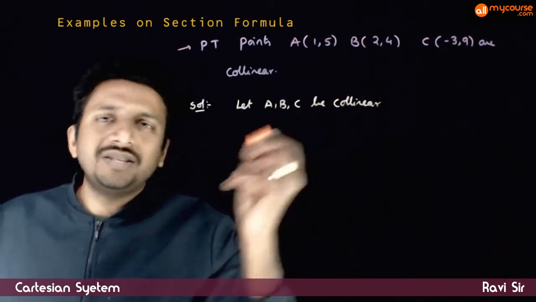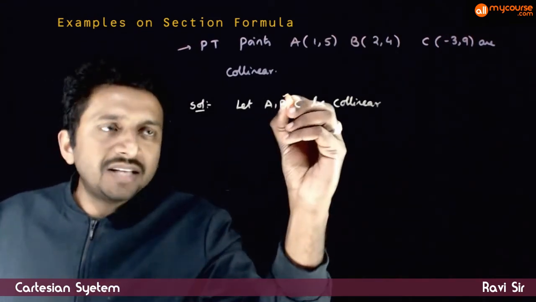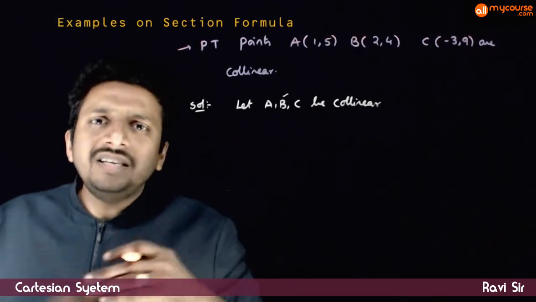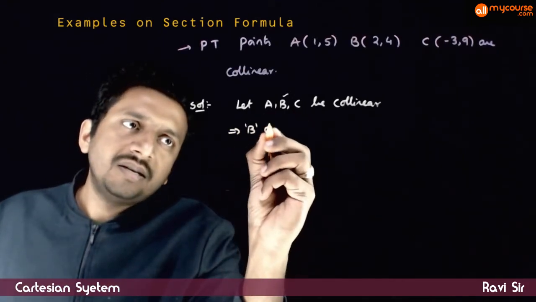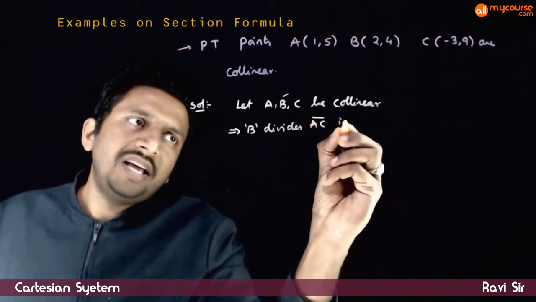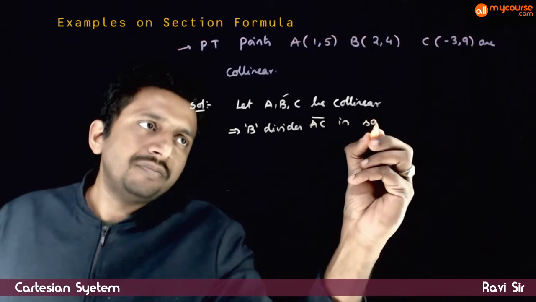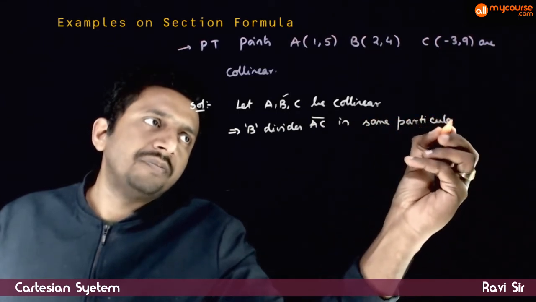Let us first assume that they are collinear. So if they are collinear, then B has to divide AC in some ratio. I don't know what the ratio is, but there should be some ratio.